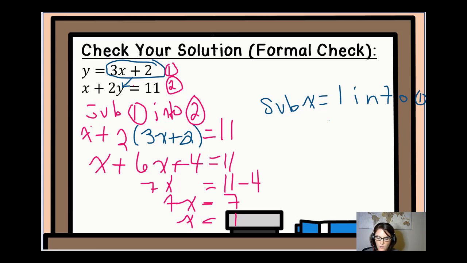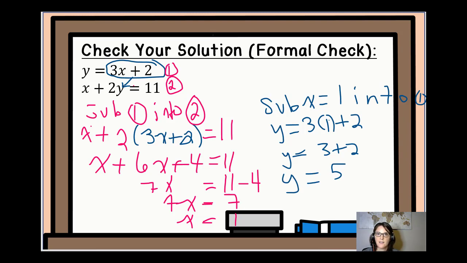So y equals 3 times 1 plus 2. y equals 3 plus 2, so y equals 5. Last but not least, we're going to make our conclusion and state the solution is 1, 5.